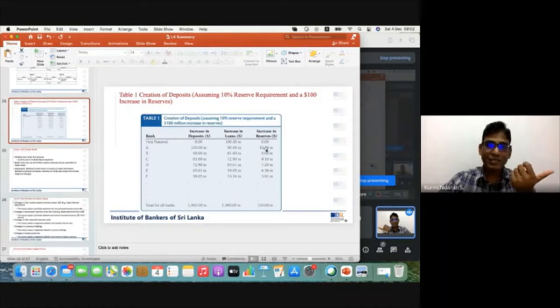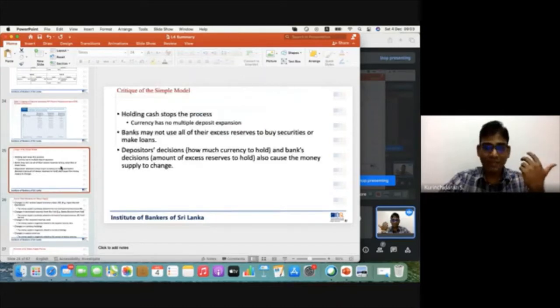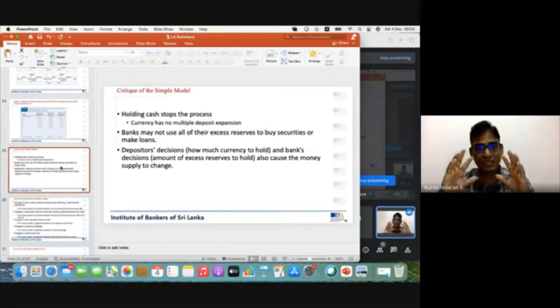Now let's assume the bank kept a reserve of 15 million, then it can give only an 85 million loan. So then the next bank will get only 85 million. That happens in the market. So the simple model is okay for understanding, but you will have this kind of problem.